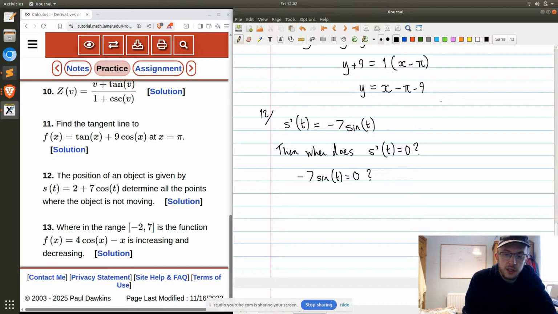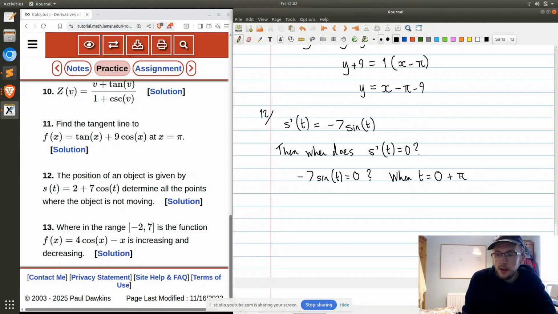The sine function is equal to 0 when t is 0 itself, or you just add on pi over and over again in either direction.